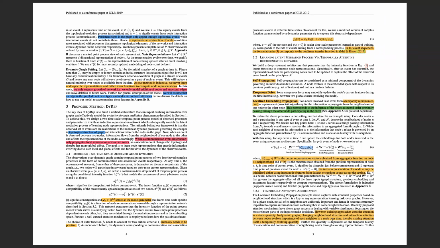Sorry. Okay, quick question. I get the update for the embedding Z. The self-propagation is just you take the previous update, and then h-struct is your aggregation.